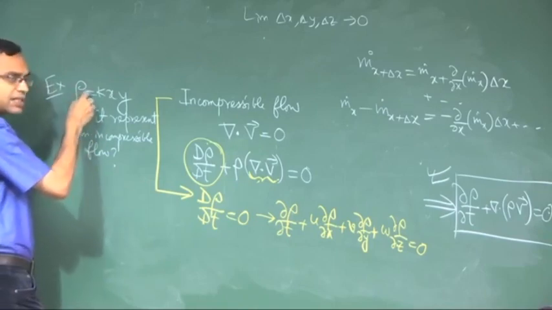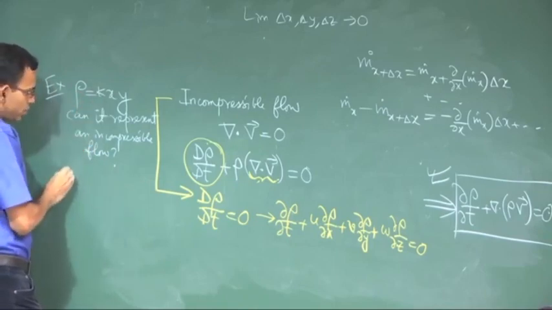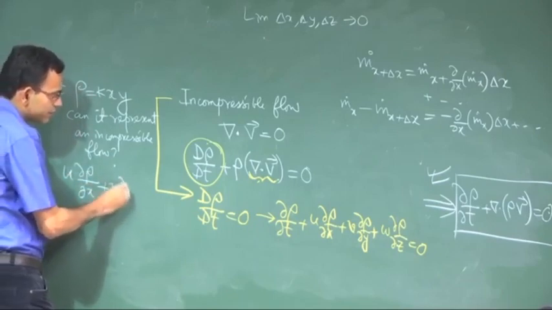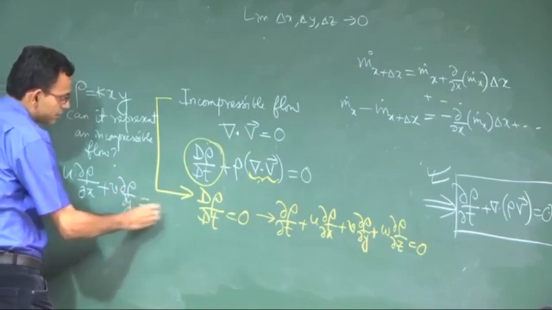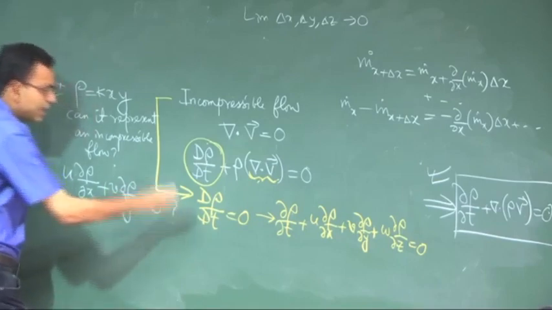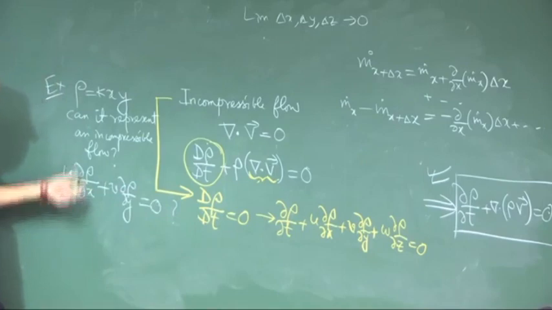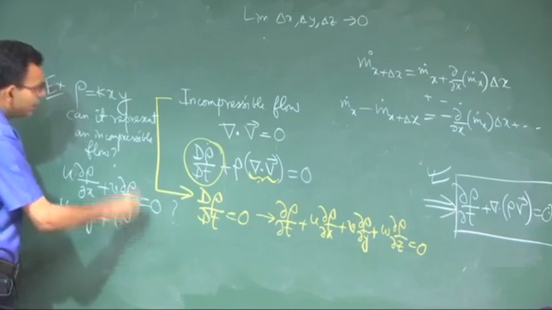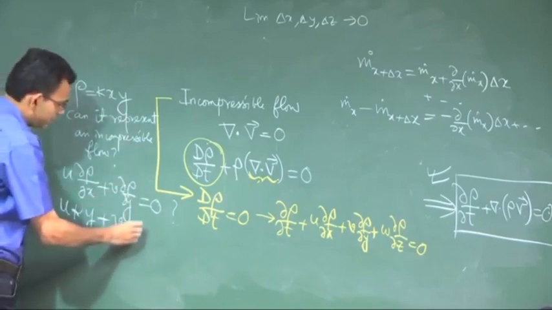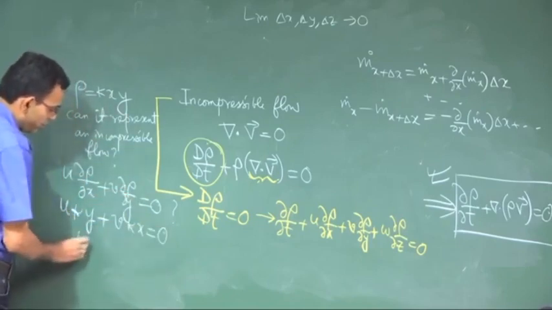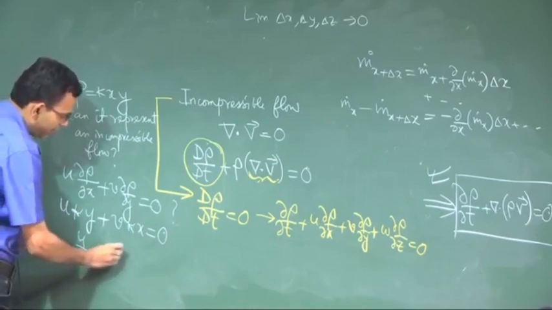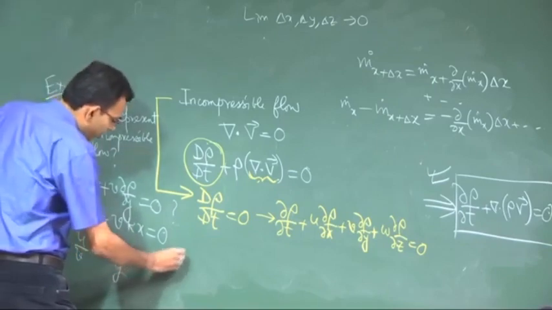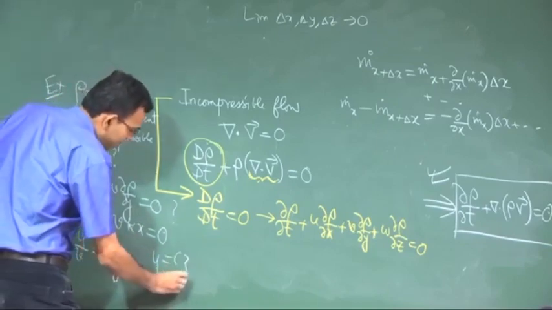So assuming that this is not a function of time, so it is a 2-dimensional case, whether this can be satisfied. So u del rho del x is u k y plus v del rho del y is equal to 0. So u by v is equal to minus x by y. So you can have a flow field with u equal to cx and v is equal to minus cy.